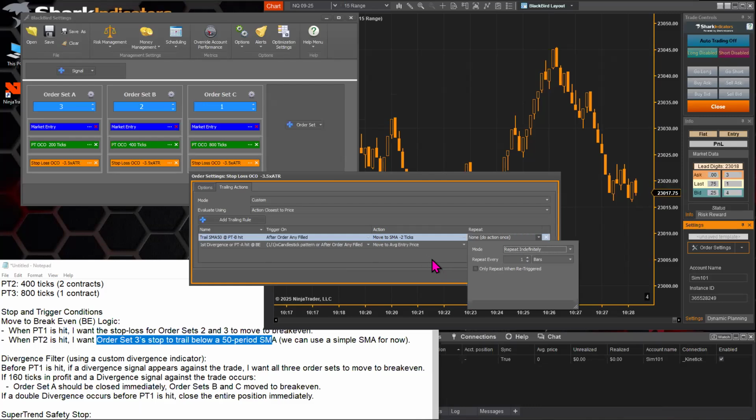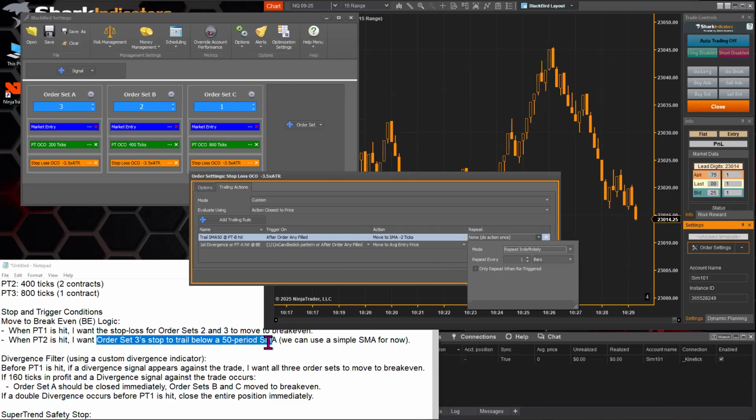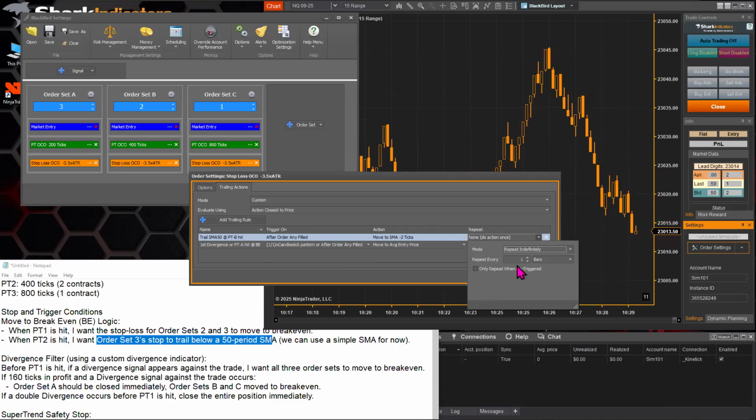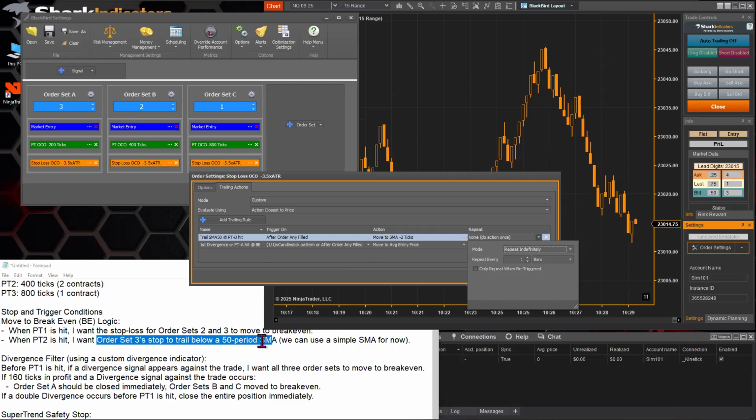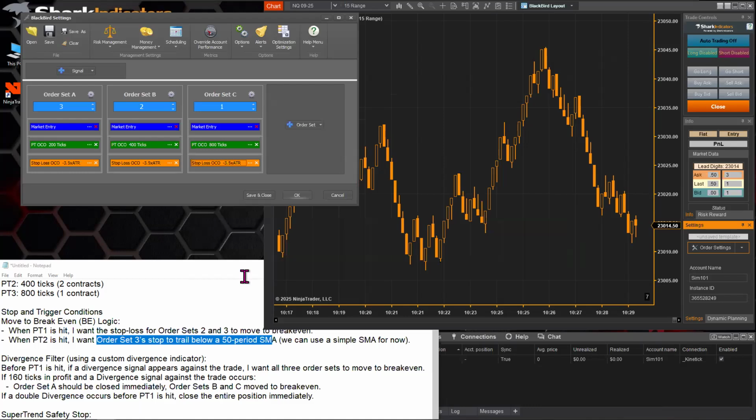Since this is an indicator that we're following, we're going to leave the repeat on once per bar, since the SMA is only going to update as each bar closes there. And I believe that concludes it.